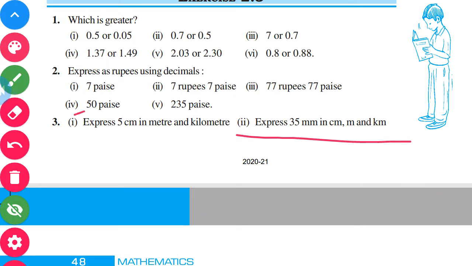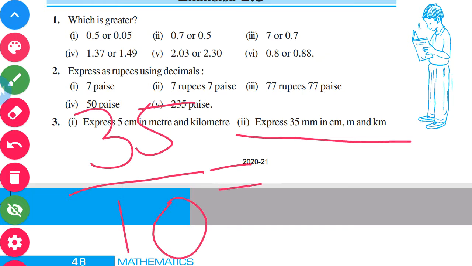Now 35 mm is there. I have to convert it into centimeters. Now 10 mm is equal to 1 centimeter. What I'm going to do here is divide it by 10. So what you're going to get is 3.5 centimeters.